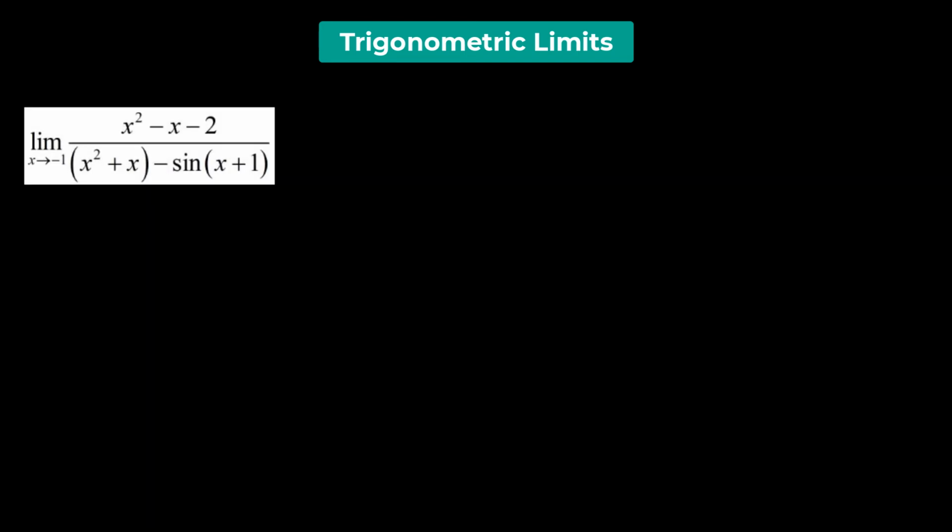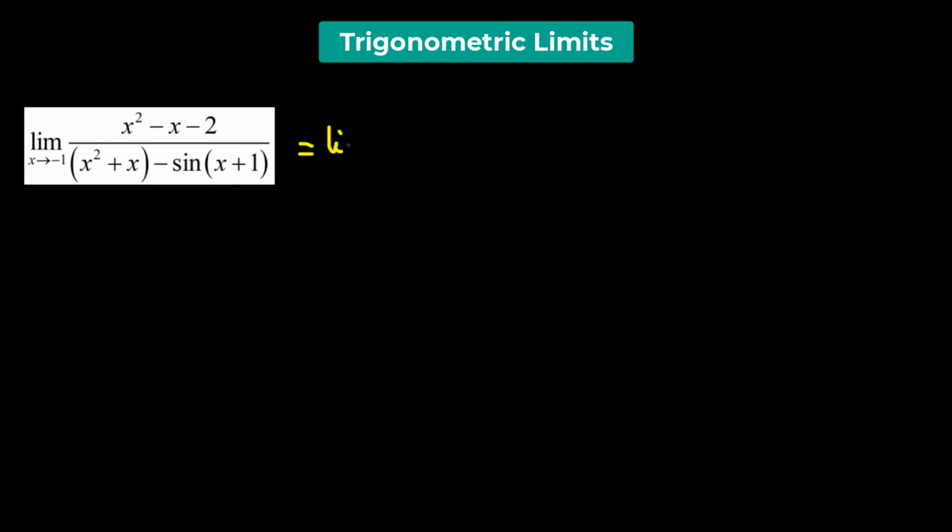So here we have another function, and we have to find its limiting value when x approaches negative 1. When we do a direct substitution for the value of x, we're going to get the indeterminate form of 0 over 0. So let us begin by changing the limit.